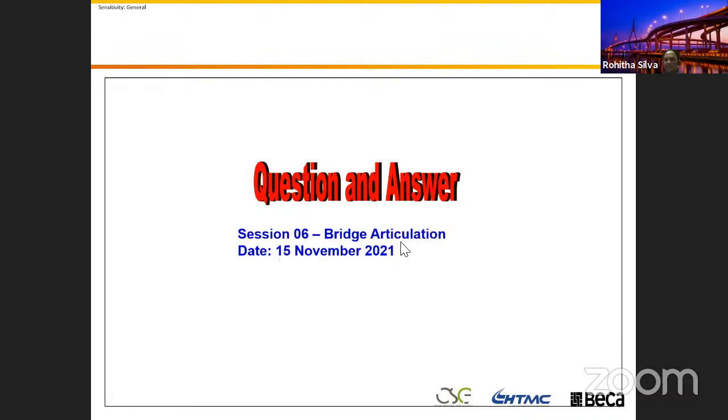And then in the next session, we're going to discuss bridge articulation. You should know the bridge articulation before we start modeling a bridge. If you now know the components of the bridge and the loading on the bridge, and if you know the bridge articulation, how the bridges behave with this loading, and how we're going to support them and connect them with substructure and superstructure, then you can easily design a bridge, because the analysis and design is a straightforward process.